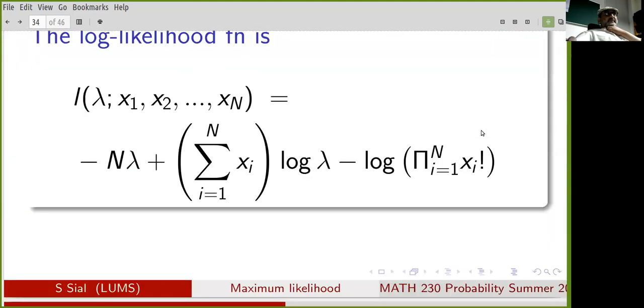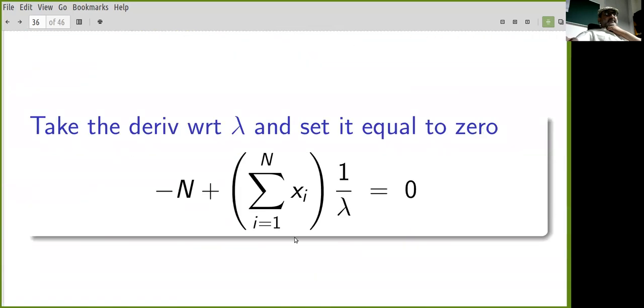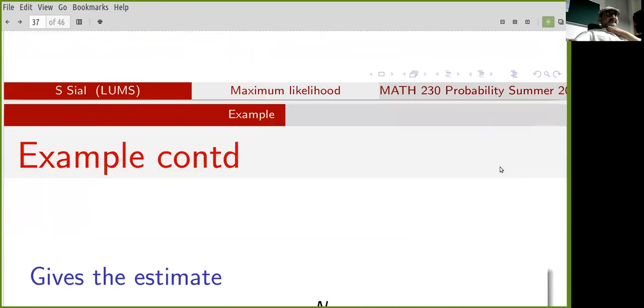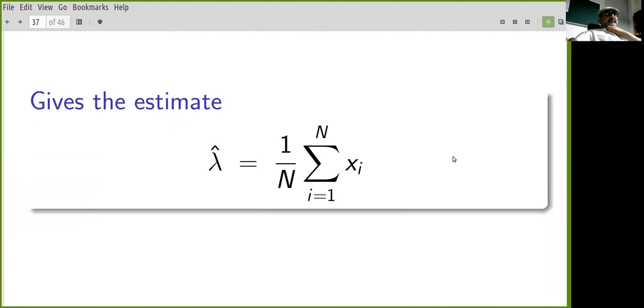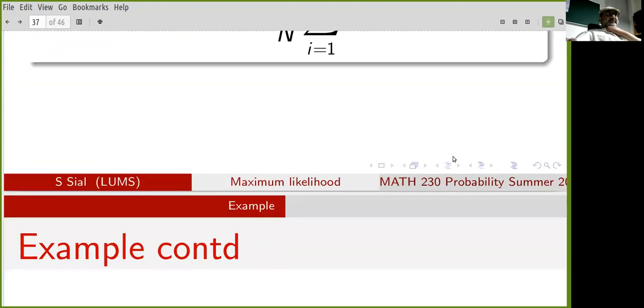So if we take the derivative of this with respect to lambda, we're going to get negative n plus summation i equals 1 to n xi times 1 over lambda is equal to 0. I can take my n over to the other side, divide by the summation of the xi's, and then take the reciprocal. So I would get the estimate lambda hat equals 1 over n, summation i equals 1 to n of the xi's.